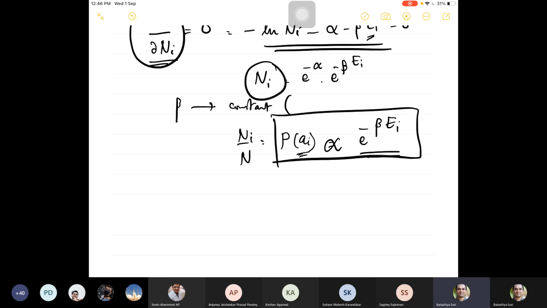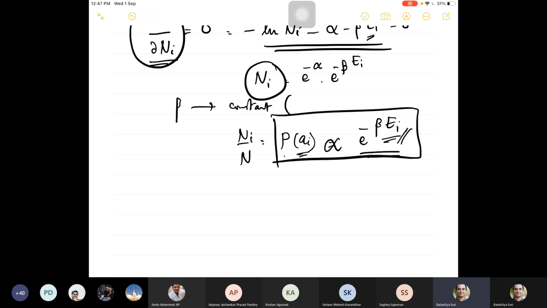But in the derivation that I just did, I put a constraint only on the total energy of the system, and thereby only the energy of the state Ei entered the calculation, and therefore the probability that the system is in the state AI is a function only of its energy and nothing else.